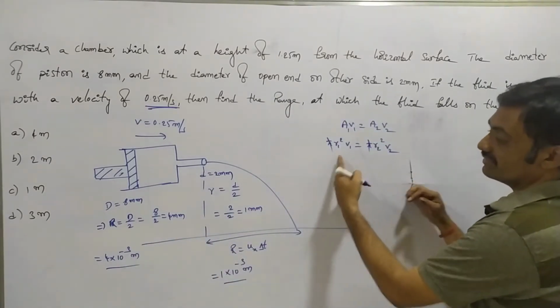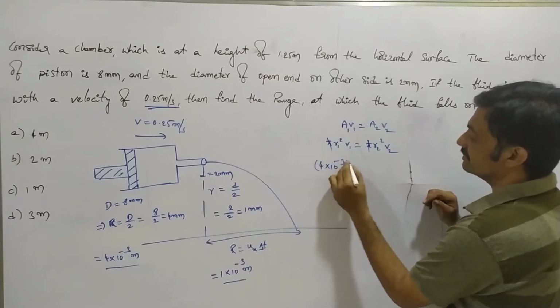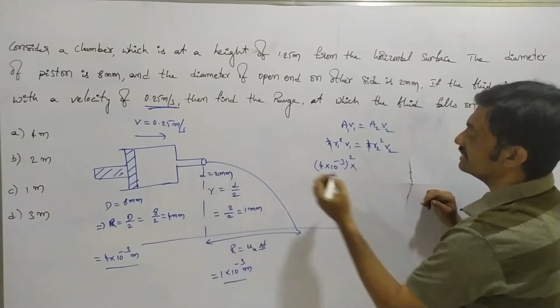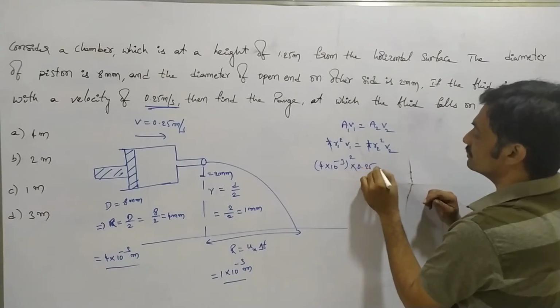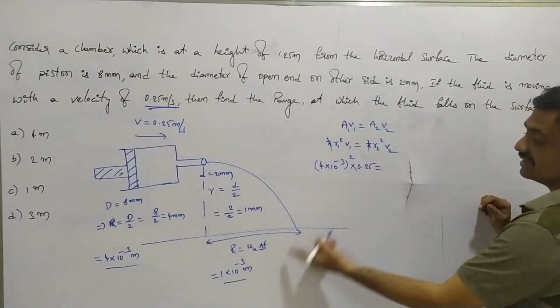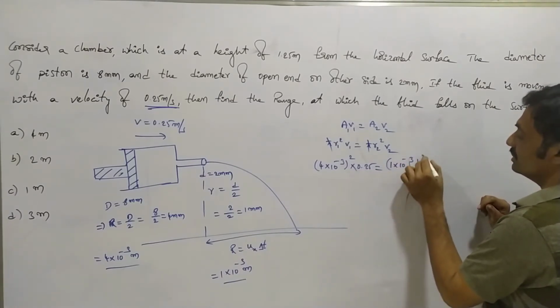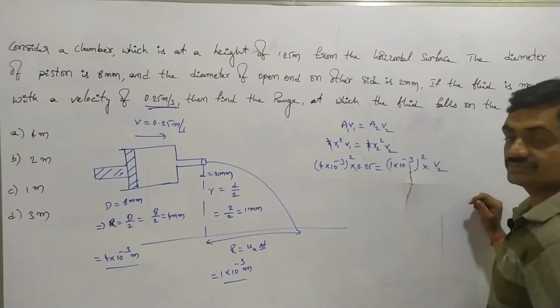Observe that R1 square, nothing but 4 into 10 to the power of minus 3 whole square, into v1 which is 0.25, equals r2 square, nothing but 1 into 10 to the power of minus 3 whole square, into v2.